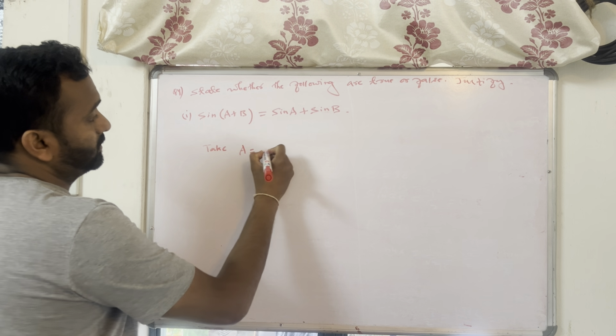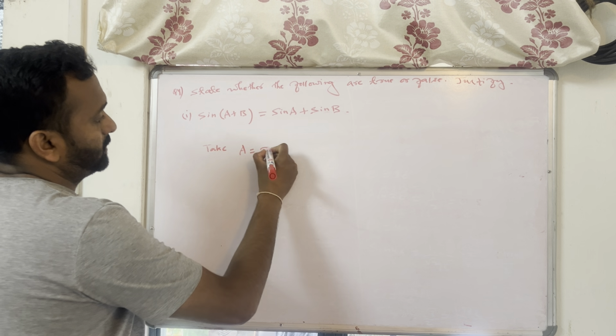a as some 30 degree, and b as some 60 degree. So our LHS will be how much? Our LHS will be sine of a plus b. So a is how much? 30 degree, and b is how much? 60 degree. So sine of 30 plus 60 is how much? Sine 90 degree.